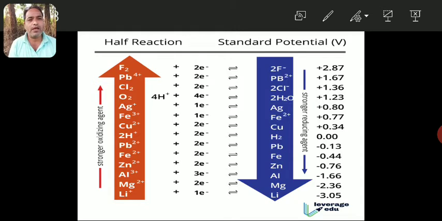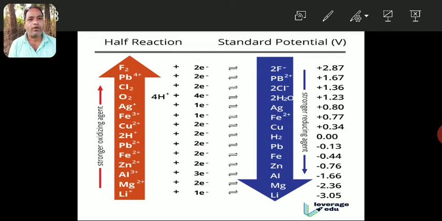Now, what is meant by electrochemical series? It's just an arrangement, as you see in the slide. That is, half reactions are there. That is F2 plus 2 electrons, a reversible reaction that gives 2F minus, and some value is written in front of that, that is plus 2.87.